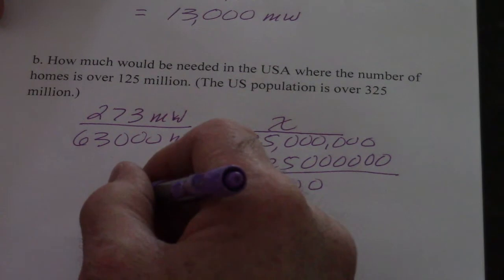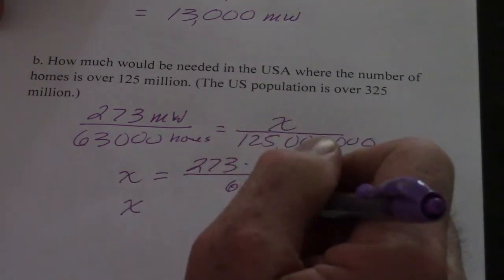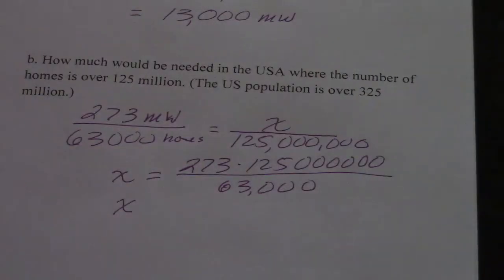And I'm getting 52,000. That doesn't sound right. Yeah, 273 times 125,000 divided by 63.